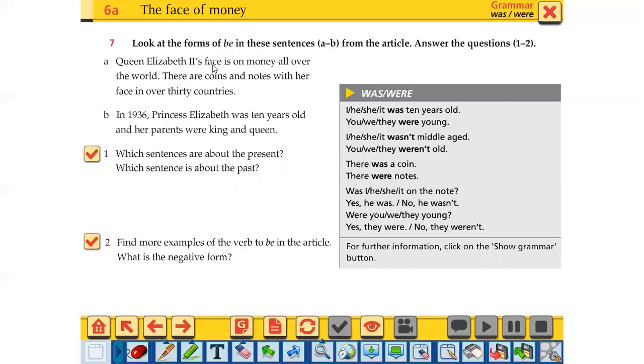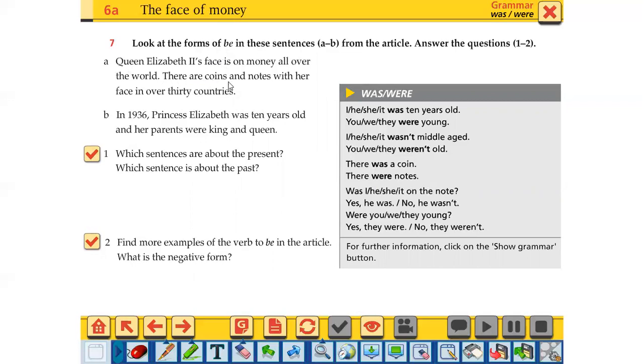The verb be is, está. Verbo estar, aquí está. Here is another way, no? Another form.